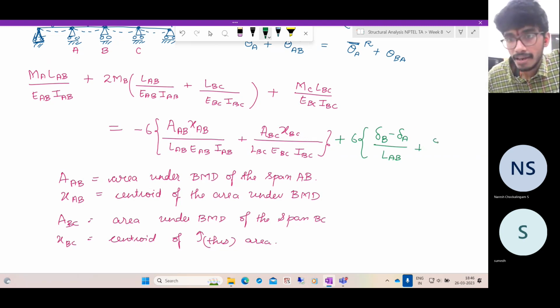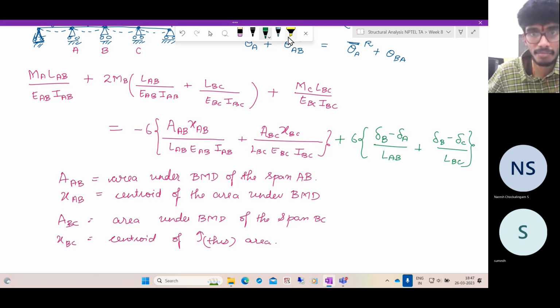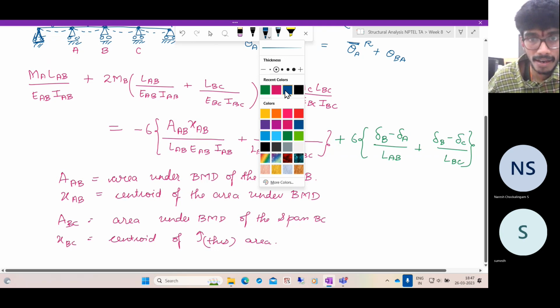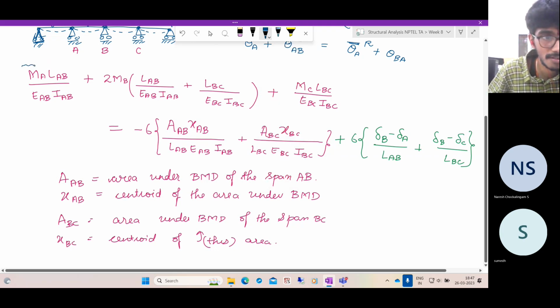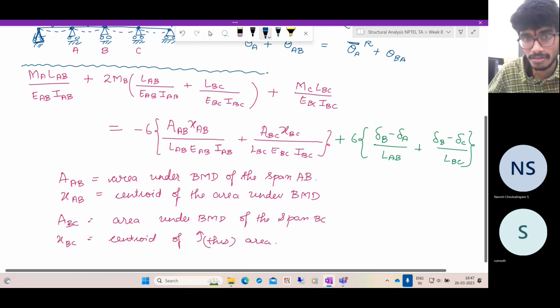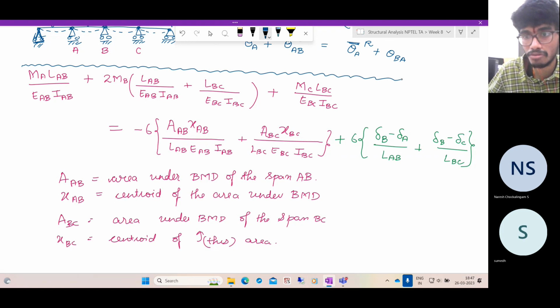So this is the complete expression for the three moment theorem when there is support settlement and also applied loading. This is an important expression which we'll be using towards the end of today's session.